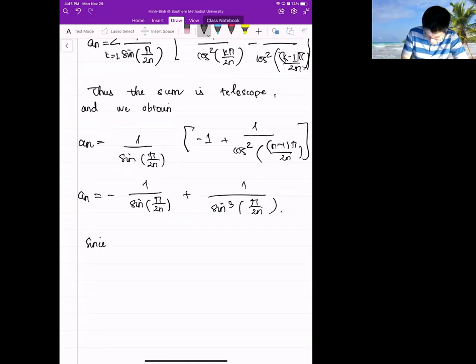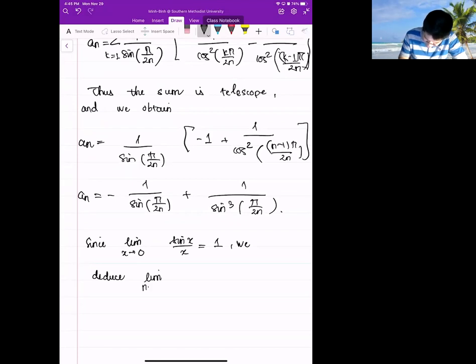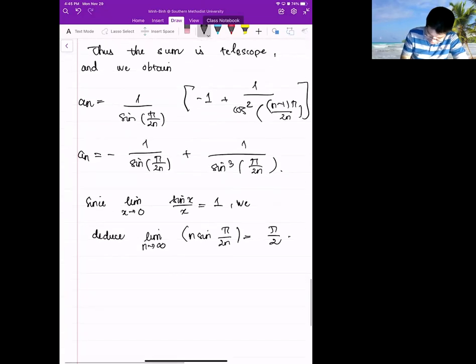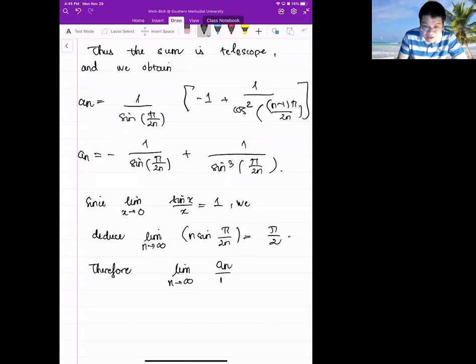Since the limit when x tends to 0 of sine of x over x is equal to 1, we deduce that the limit when n tends to infinity of n sine of pi over 2n is definitely pi over 2. All right, so therefore the limit when n tends to infinity of a_n over n cubed is 8 over pi cubed.